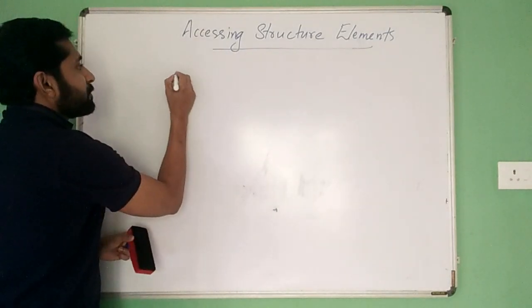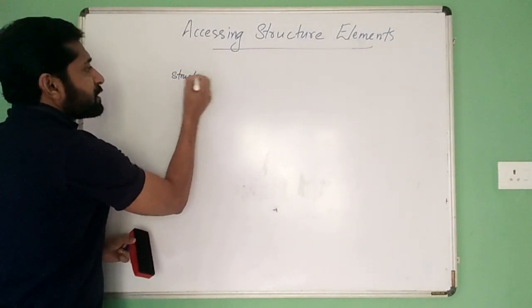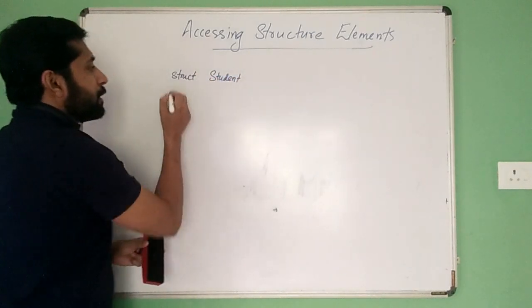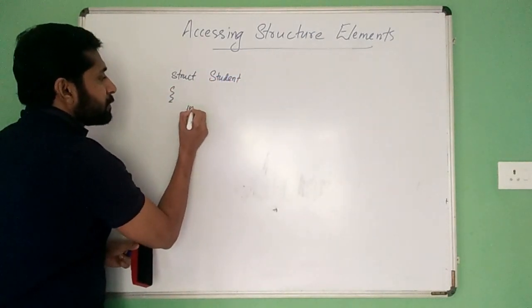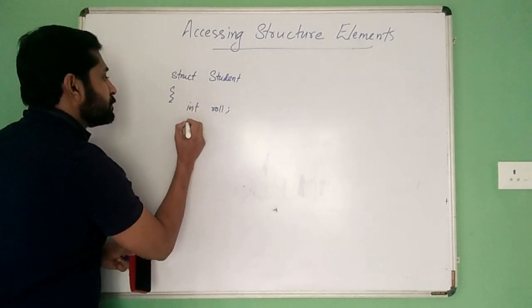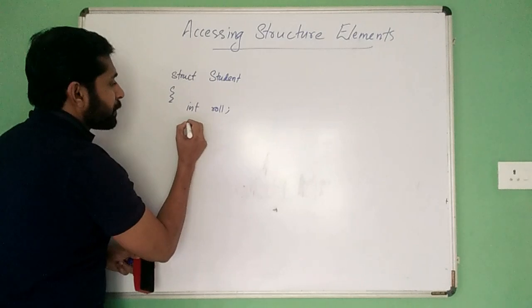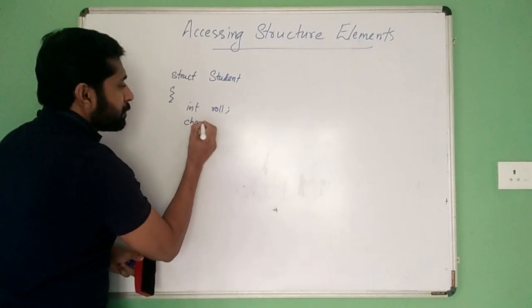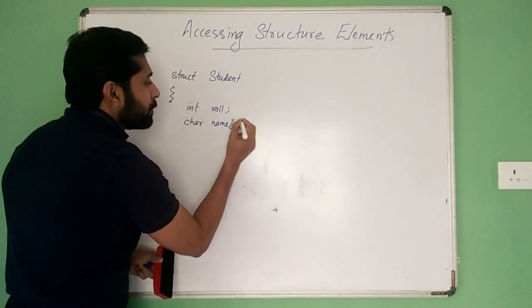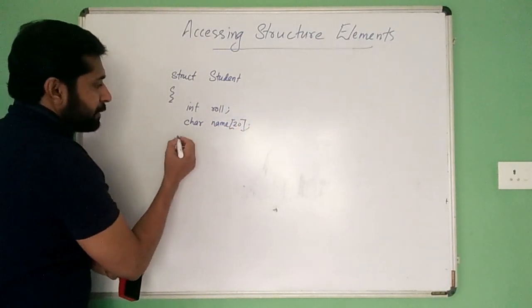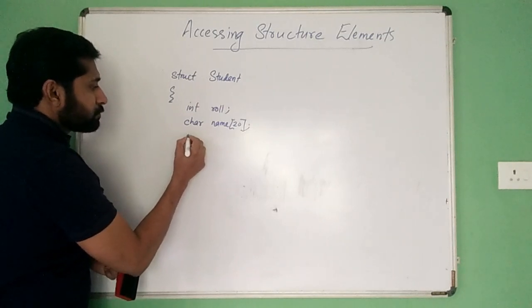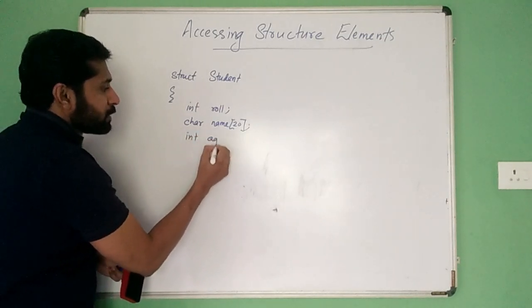Suppose we have a structure, struct, let it be student. It has a roll number, it has a name, then it has another part, age of student, age.